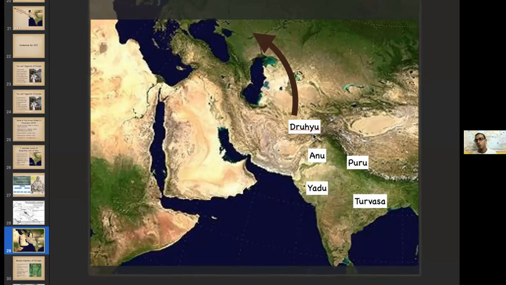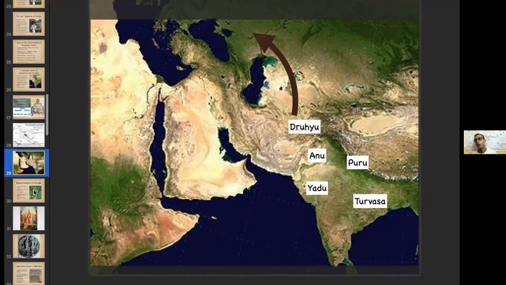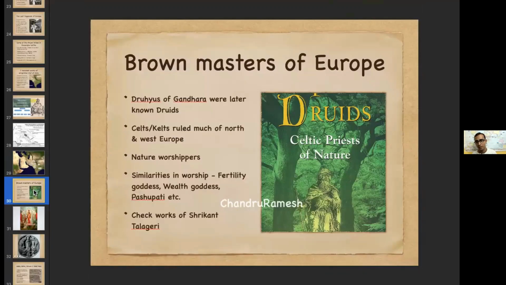So the Druhyus had constant war with the various dynasties like the Anus, the Yadus, the Purus, and Turvasus. What the Shastras mention is that the Druhyus were chased away far and far because they couldn't win much of those battles with the other dynasties. They were chased so far that they landed up in the modern day United Kingdom.